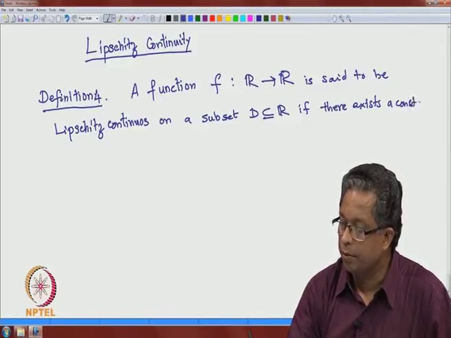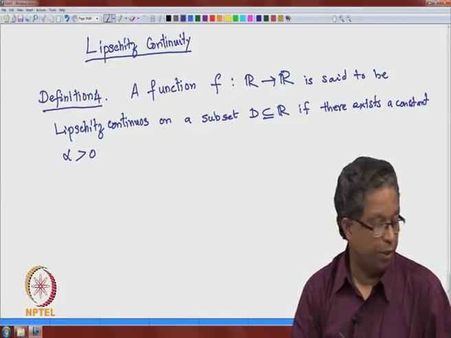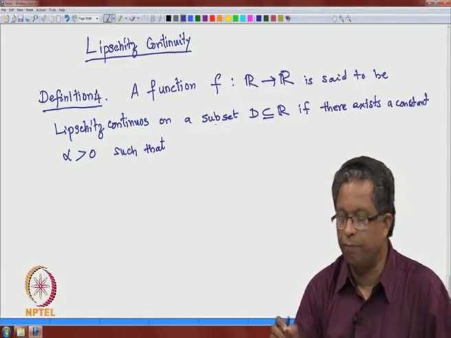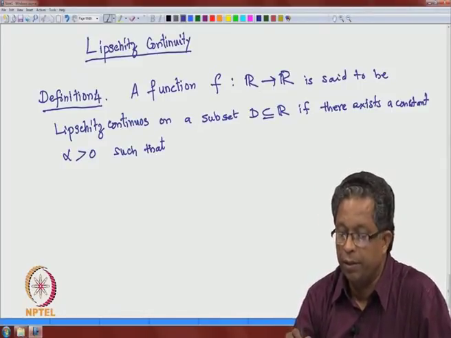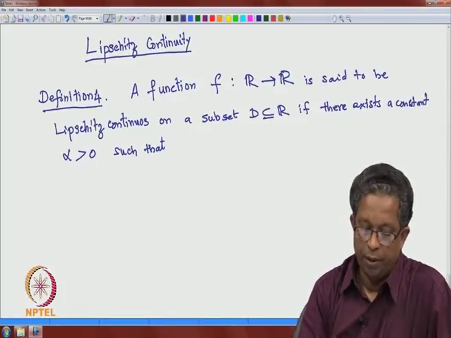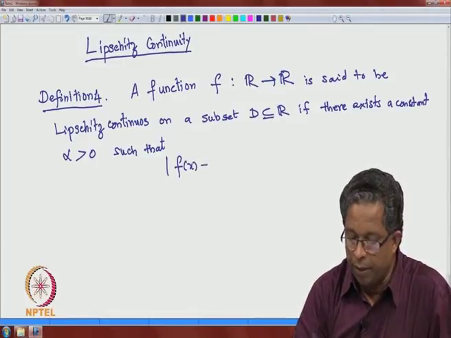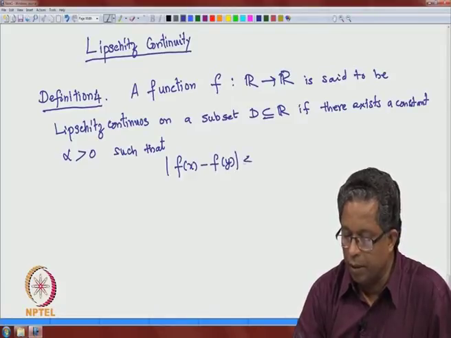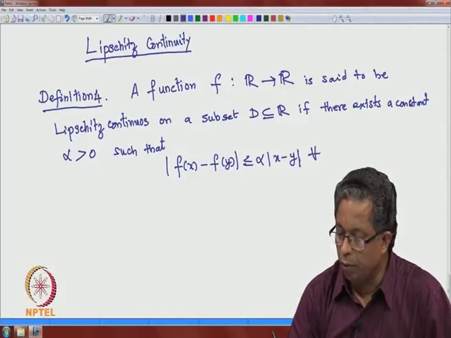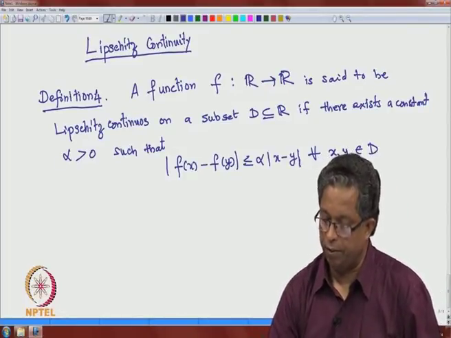A function f from R to R is said to be Lipschitz continuous on a subset D of R if there exists a constant alpha greater than 0 such that the absolute value of f of x minus f of y is less than or equal to alpha times the absolute value of x minus y for all x, y in the subset D of R.